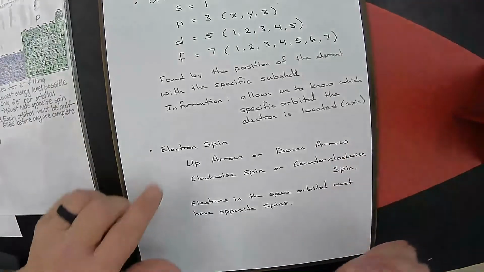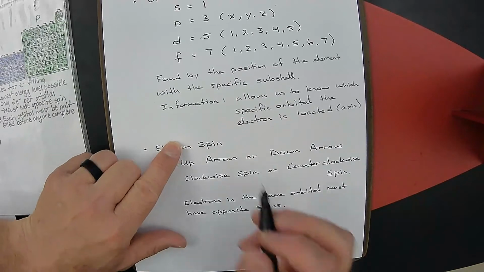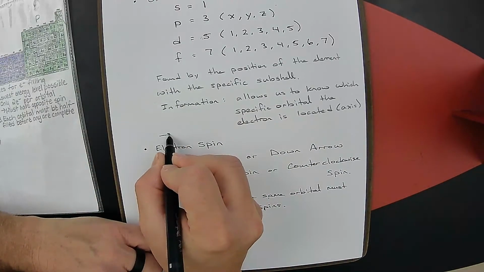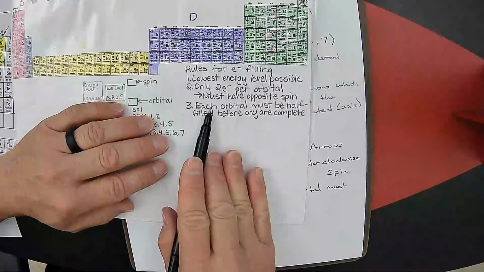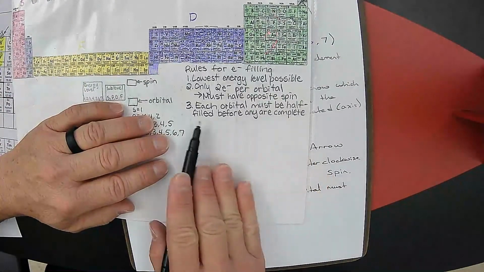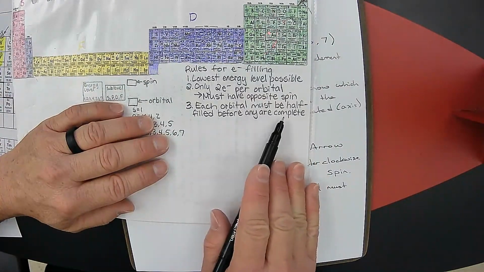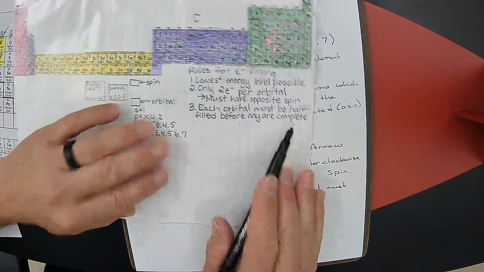And then finally, I'm going to come up here, and I apologize, I'm going to squeeze another piece of information in here. Each orbital must be half filled before any are complete.